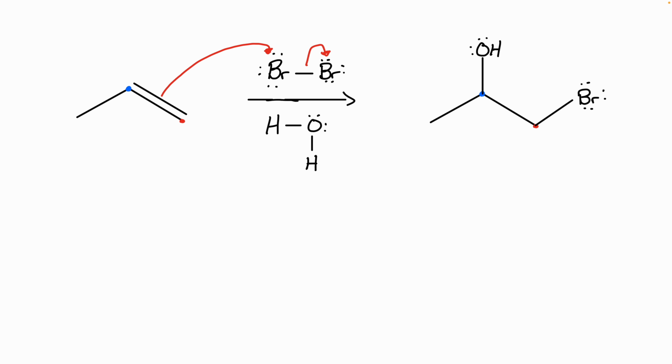These reactions have that cyclic bromonium intermediate. Our carbon forms a new bond with bromine, but then bromine fights back and forms a new bond with the other carbon. We get this cyclic bromonium ion intermediate.